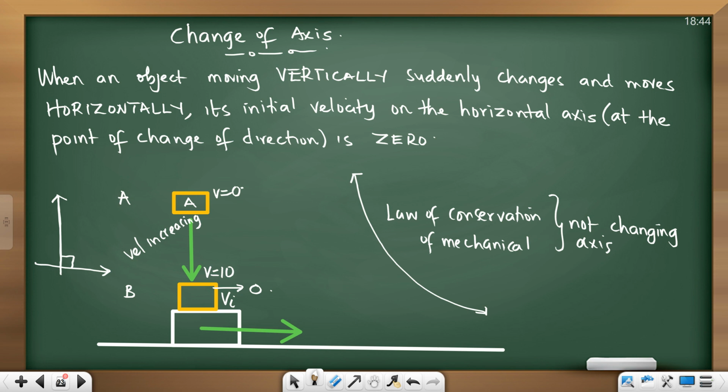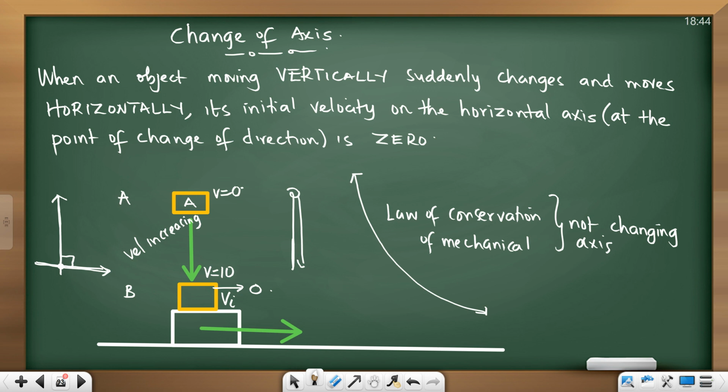The object cannot go horizontally without stopping first. Every time an object changes direction, it must first stop. It's a law of physics. You will do that more when we get to vertical projectile. If I throw an object up, you are expecting the object to go up and come down, right?